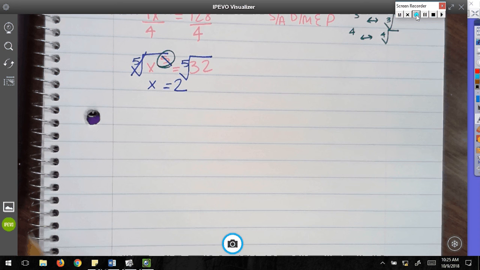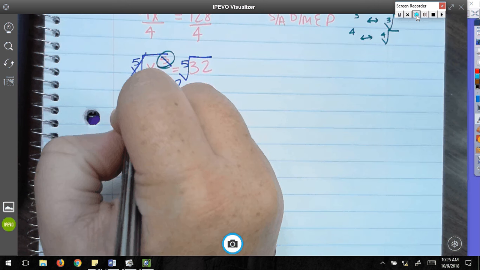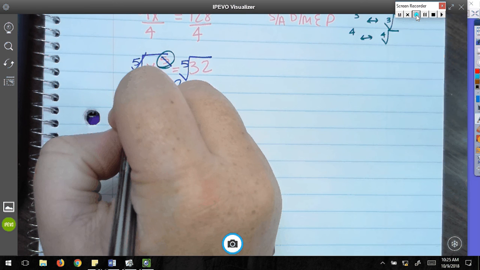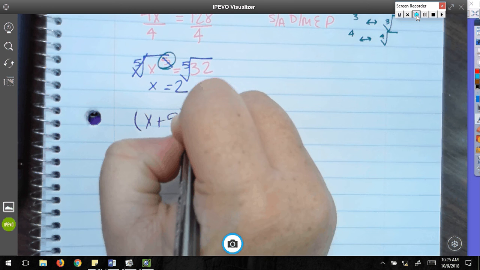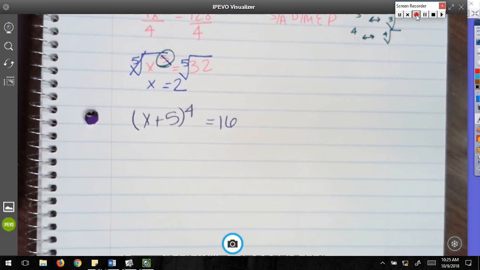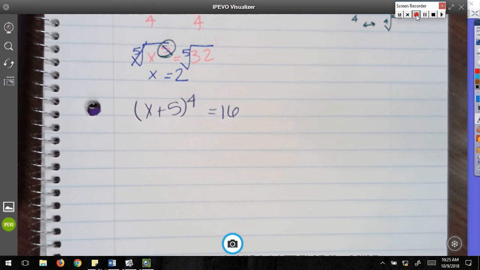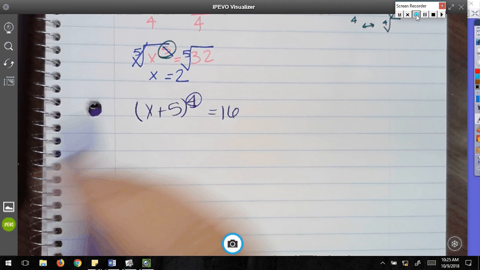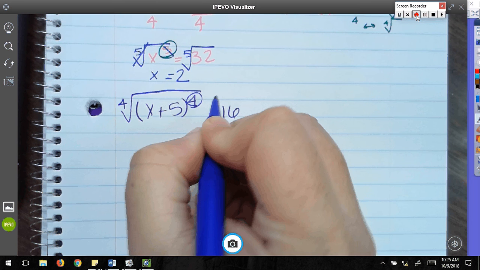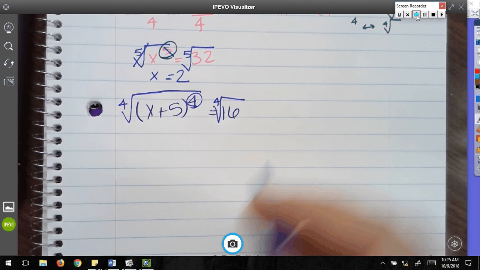How about, let's do x plus 5 to the 4th power equals 16. Okay? Again, my parentheses are last, so what I want to do is get rid of this exponent. Okay? Exponent of 4 needs a 4th root to get rid of it, and if I do it to one side, I must do it to both. Now here's where it's going to get a little tricky.